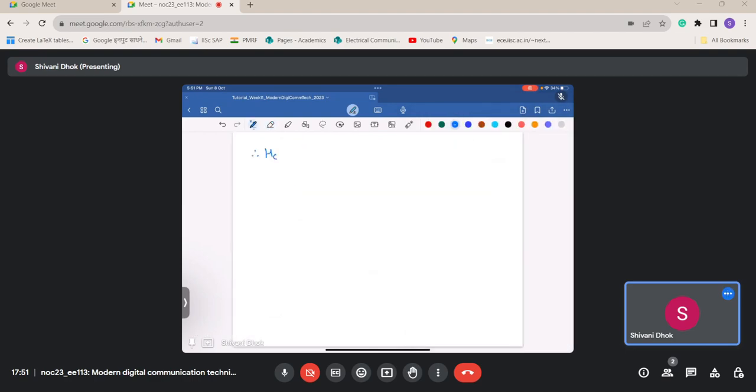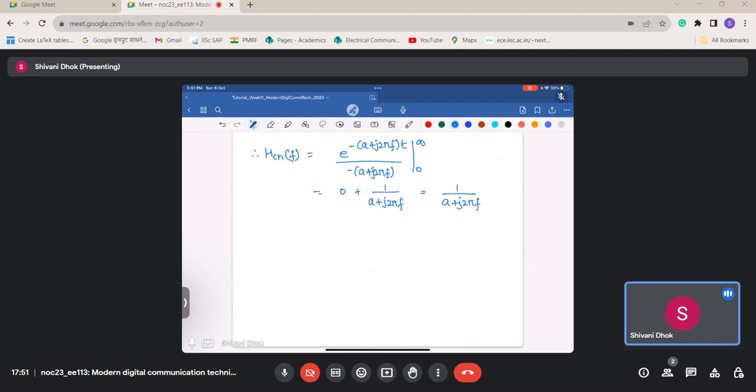Therefore here Hch(f) comes out to be e^(-(a+j2πf)t) upon -(a+j2πf), evaluated from 0 to infinity, and this comes out as 0 plus 1 upon a plus j2πf. So this is equal to 1 upon (a + j2πf).